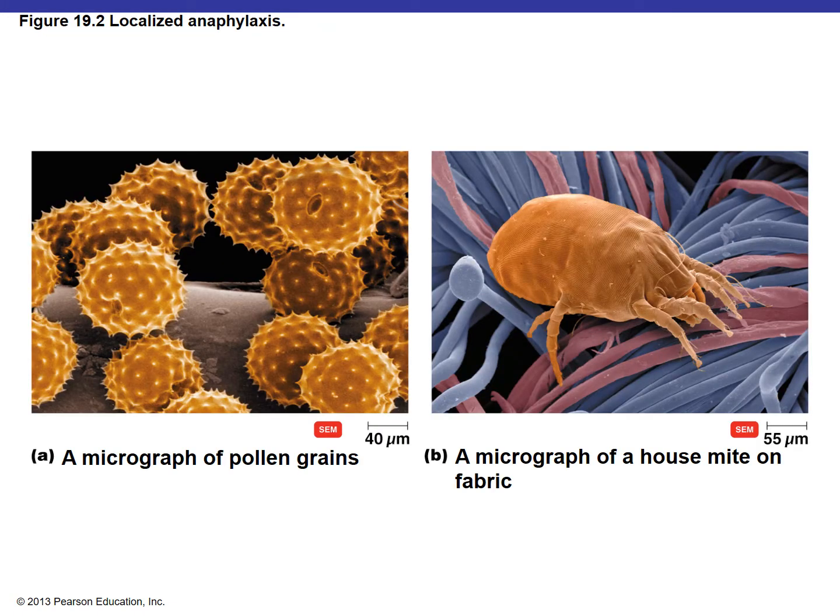Okay, so this is another scanning electron micrograph of pollen grains, and also of a house mite. All right, and so these would be antigens that would cause a localized reaction.